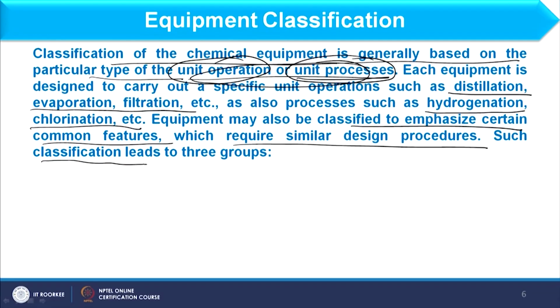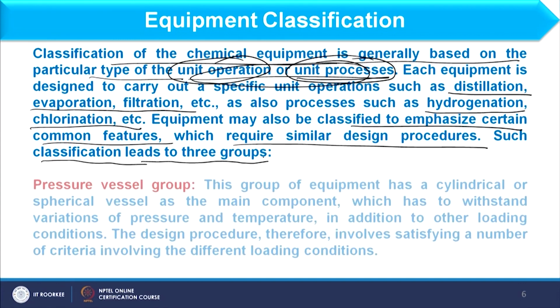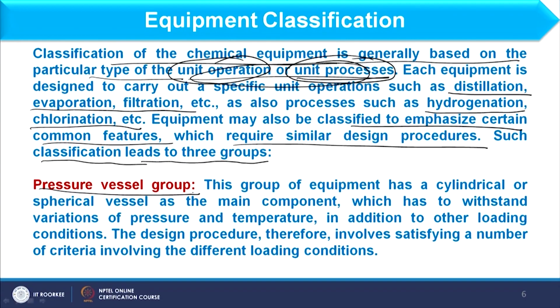Okay. So, let us start the classification. Classification of the equipment can be done based on 3 groups. Okay. So, first group will be the pressure vessel group. In this group, the equipment has a cylindrical or spherical vessel as the main component. Okay.